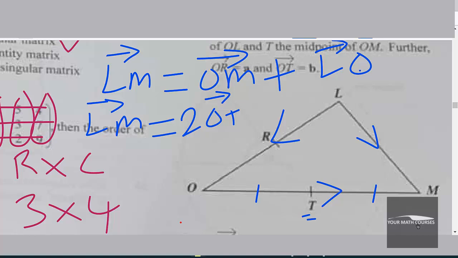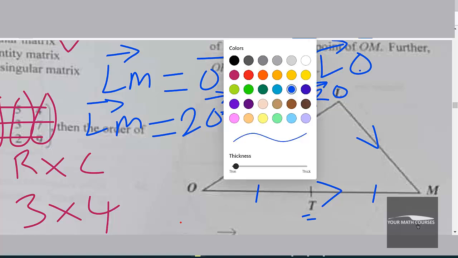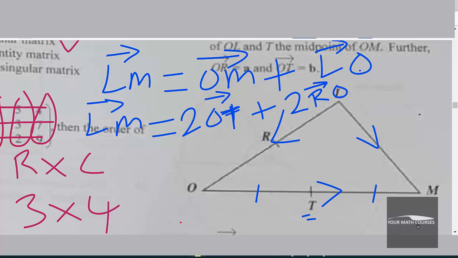Then LO is also 2 times, so this is OT. Then this is also plus 2 times of vector RO. Let me change my pen again. Let me take this. So we know that RO is a negative of OR.